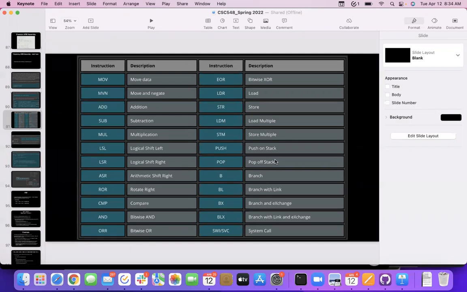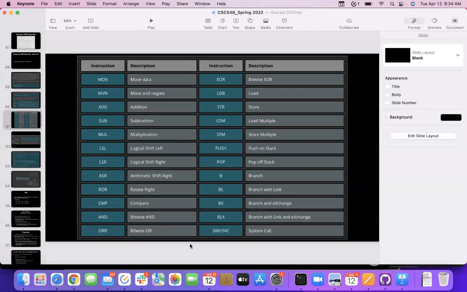So we can branch directly to a label somewhere in the program, so we can just mark where we want it to go to. I'm not really sure what a branch with a link is. Branch and exchange swaps two things.